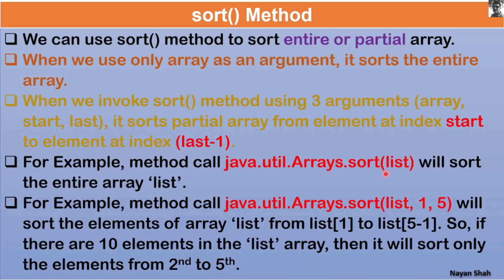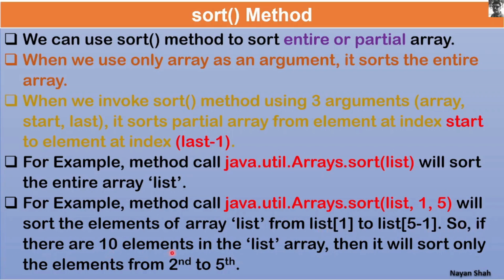This will sort the elements of array list from list[1] to list[5 minus 1]. So this is indicating the start index number, and this indicates the last minus 1 index number. So 5 you are not considering in the sorting. That is 4. So list[1] to list[5 minus 1].